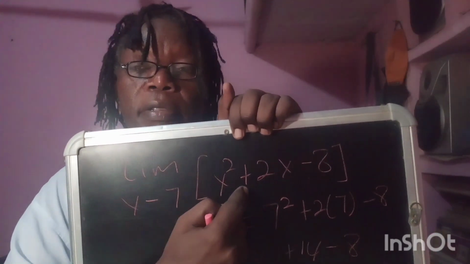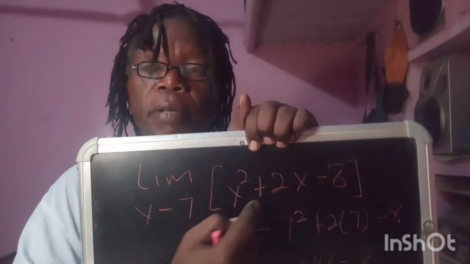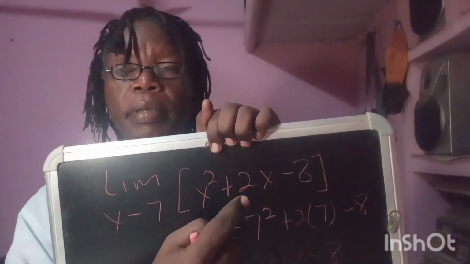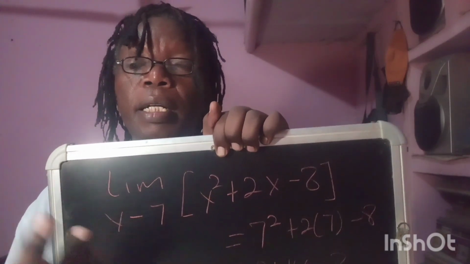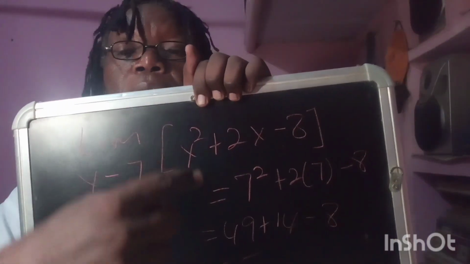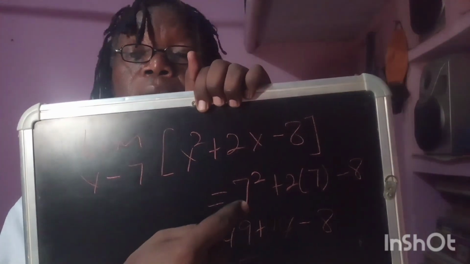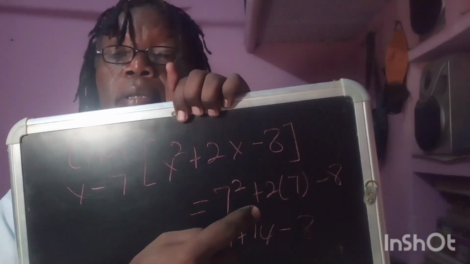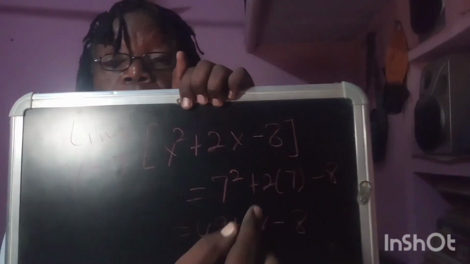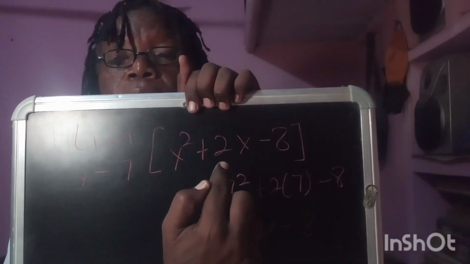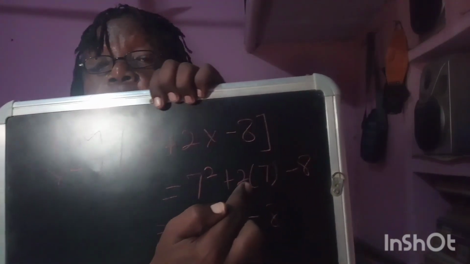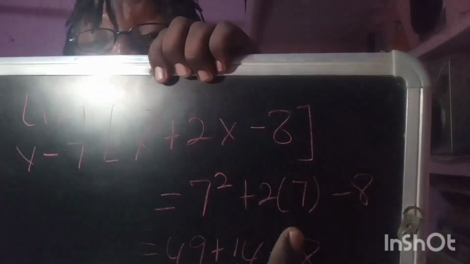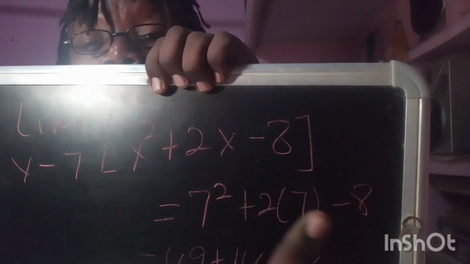This function here, there's no fraction here, so we are not going to have undefined values. So here we're just plugging the values directly. The way to do that, we just square this number, which is 7, plus 2x, which means 7 times 2, minus the value of 8 up there.